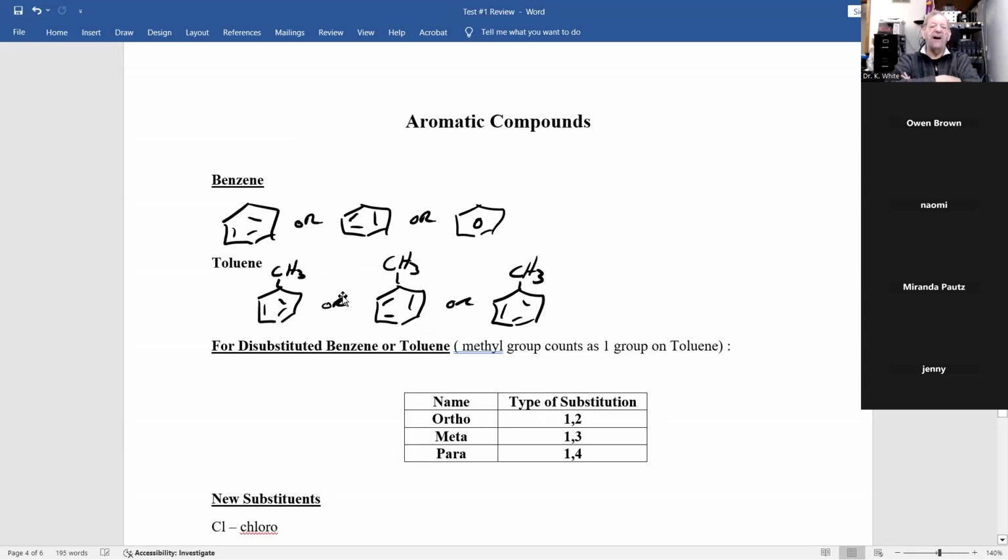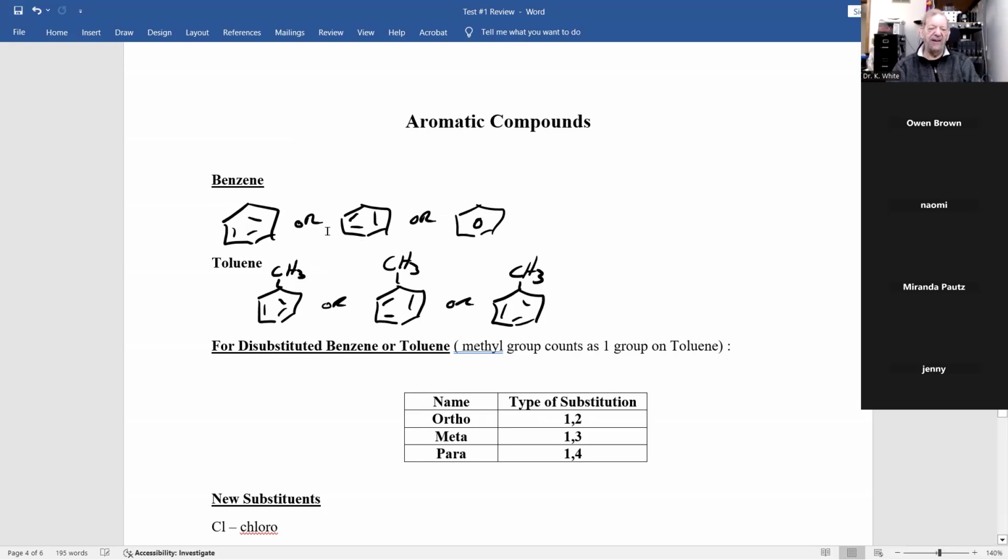Next, let's talk about aromatic compounds. Now, the first one is benzene. And benzene is a 6-membered ring that can be written with 3 double bonds this way, or a circle. I like the first 2 because I just think it looks cooler.